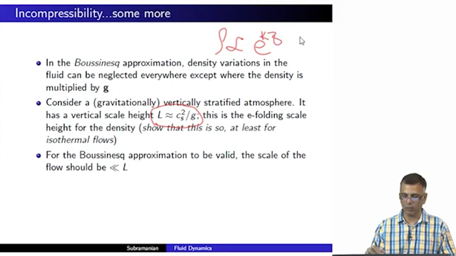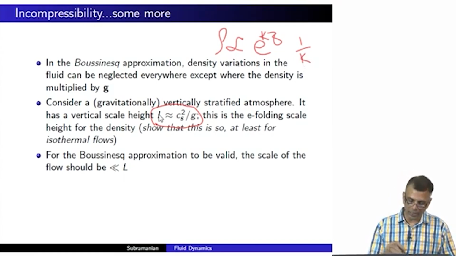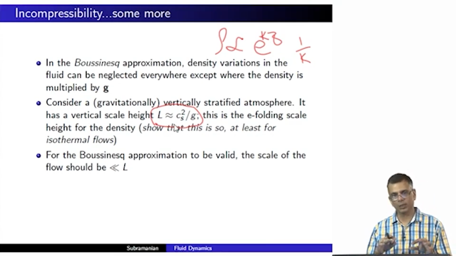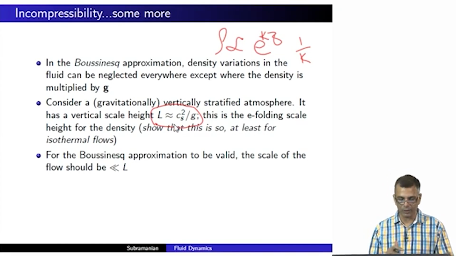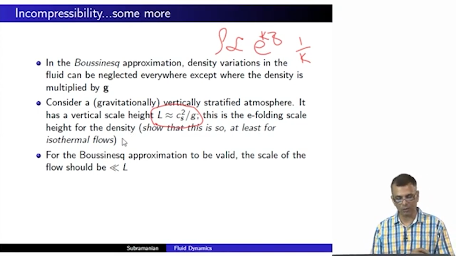Then the scale height would be something like 1 over k. Okay, that's what the scale height is. We call that L, and that is equal to Cs squared over g, where Cs is the sound speed. I simply state this right now, but I want you to keep this in mind and derive this when we come to discussing isothermal flow.